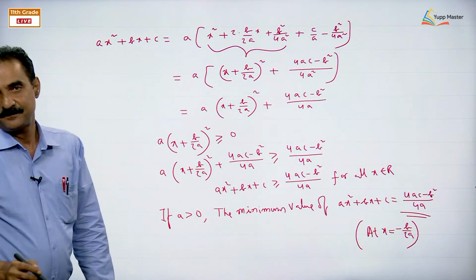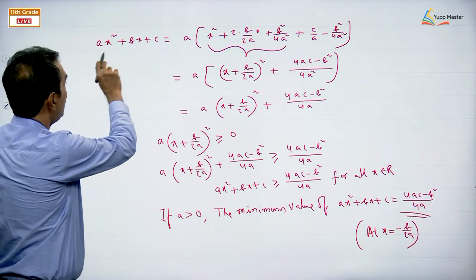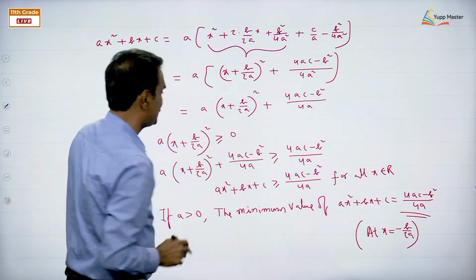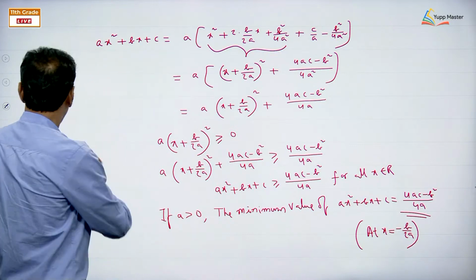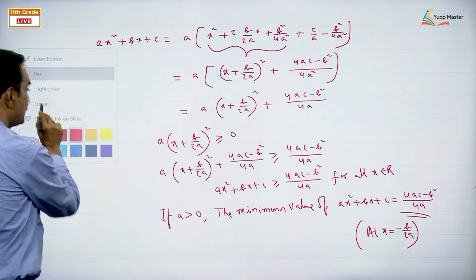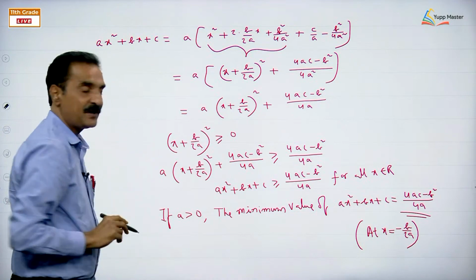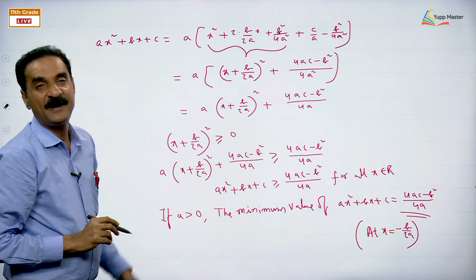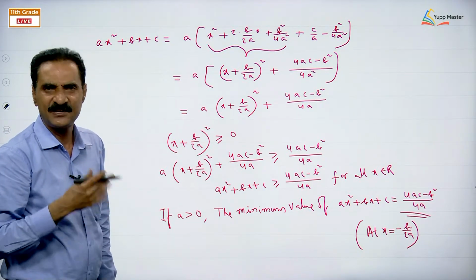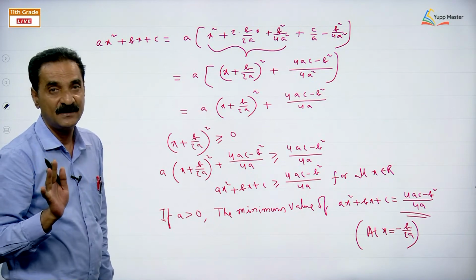the same steps. First you write ax square plus bx plus c like this. Now first you take x plus b by 2a whole square greater than or equal to 0. That is true for all real values of x.